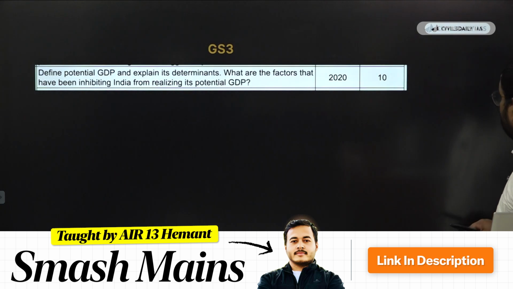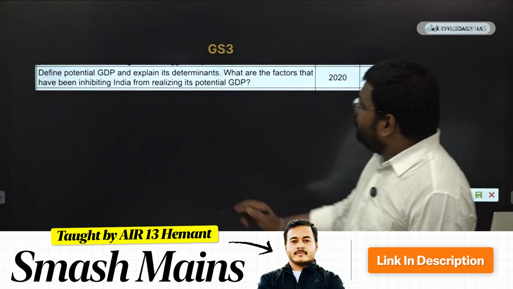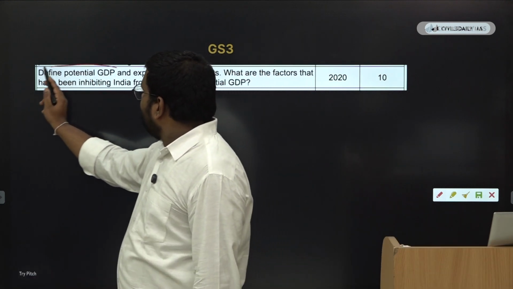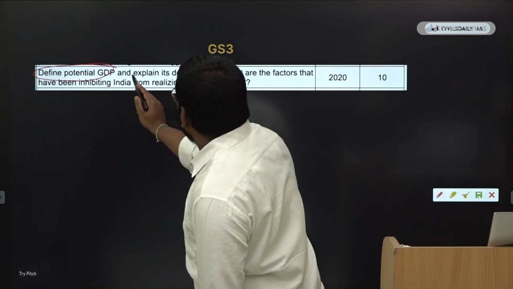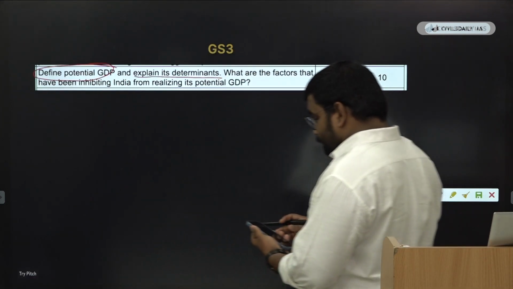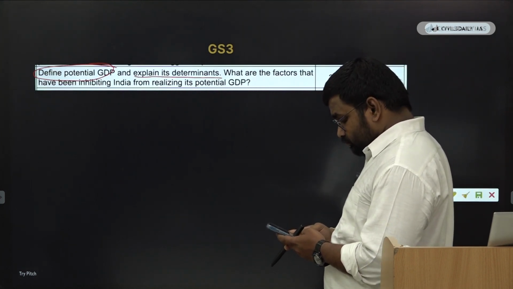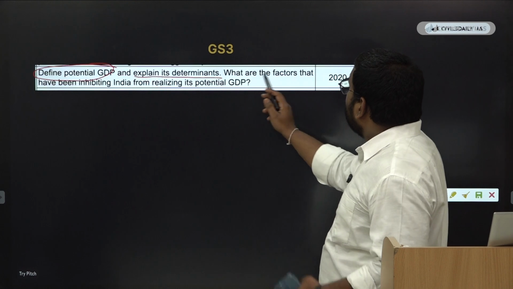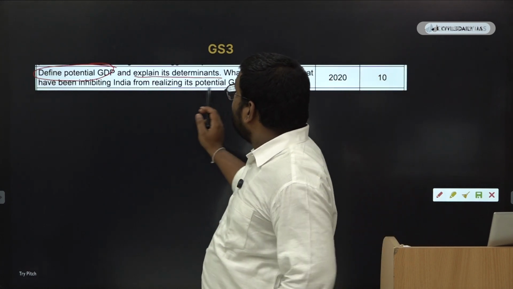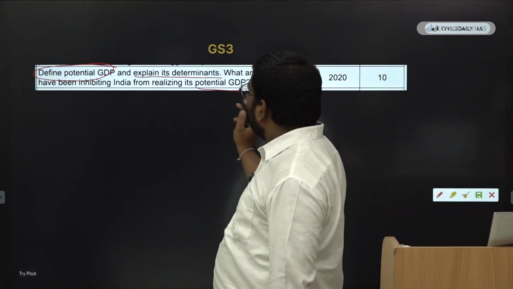Sometimes the question that they ask on define is: define potential GDP and explain its determinants. What are the factors that have been inhibiting India from realizing its potential?